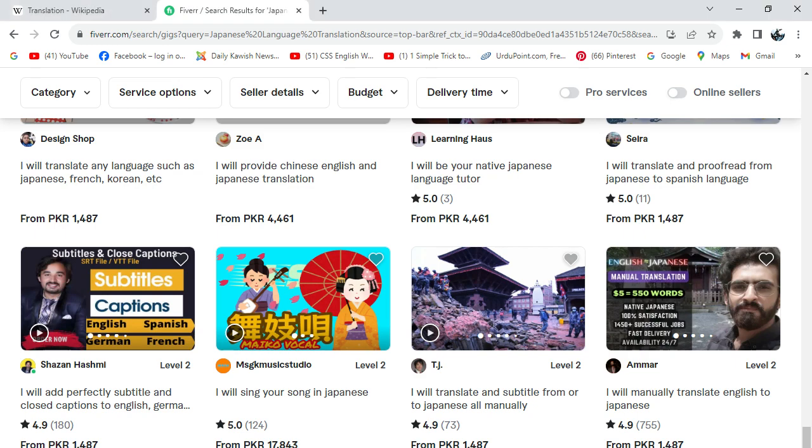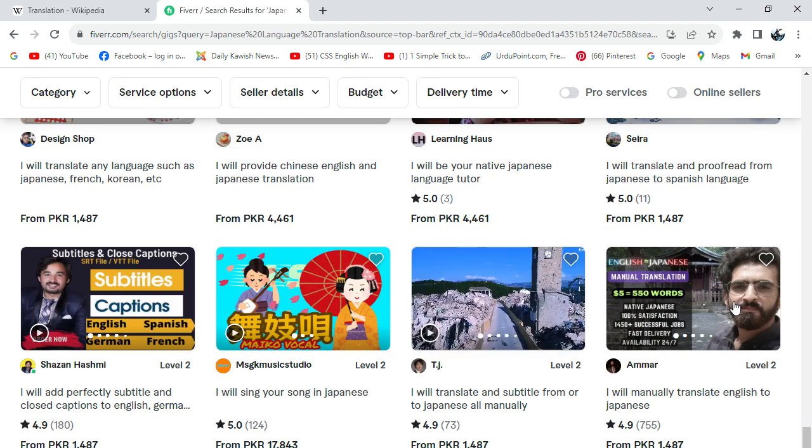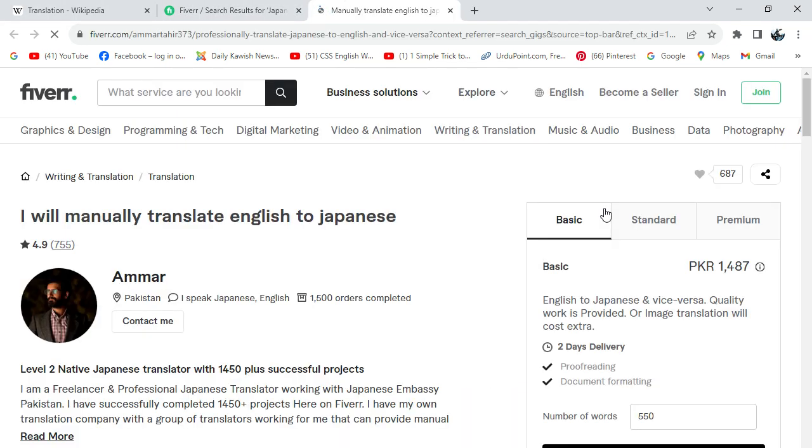So let's check out one gig from the recommendation page and get an idea about the worth and the pricing and much more. So here you can see a gig from Pakistan, and the title of this gig is I will manually translate English to Japanese, and he's charging 1407 for the basic package, 5948 for the standard package, and 11896 for the premium package.